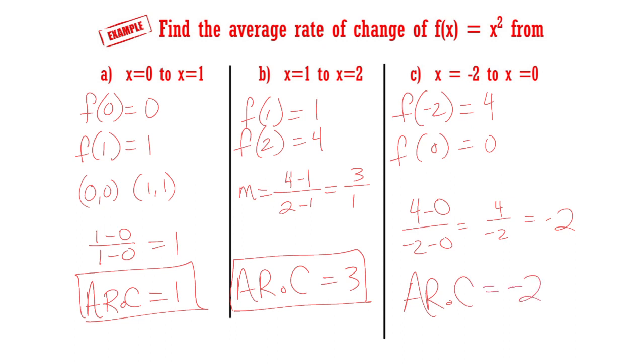Okay, hopefully you got a negative 2 on that. The fact that the rate of change is negative would indicate that you are kind of declining at that point of the graph.